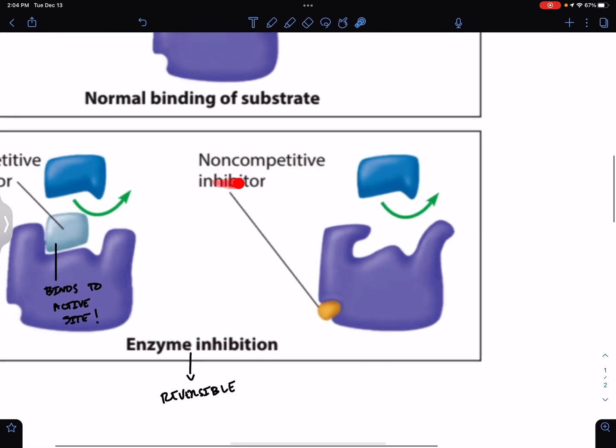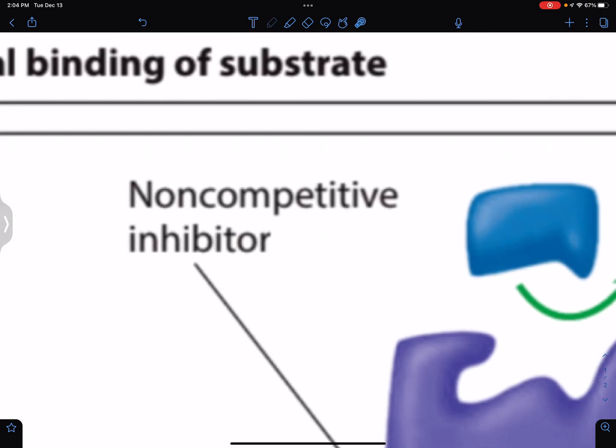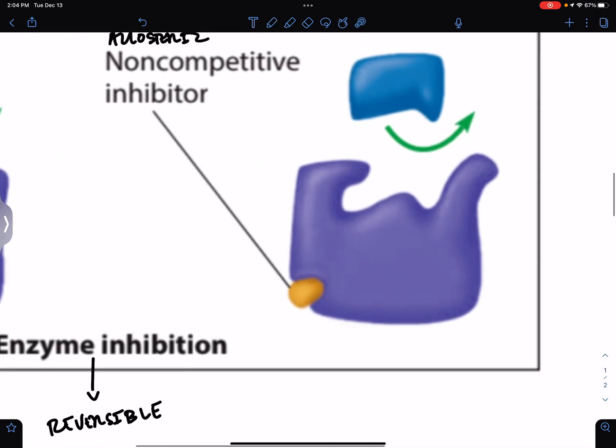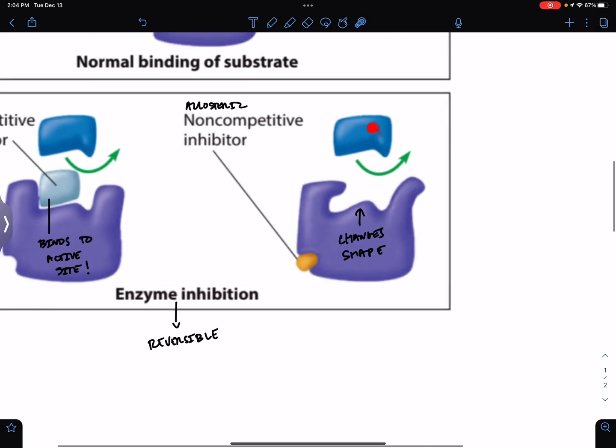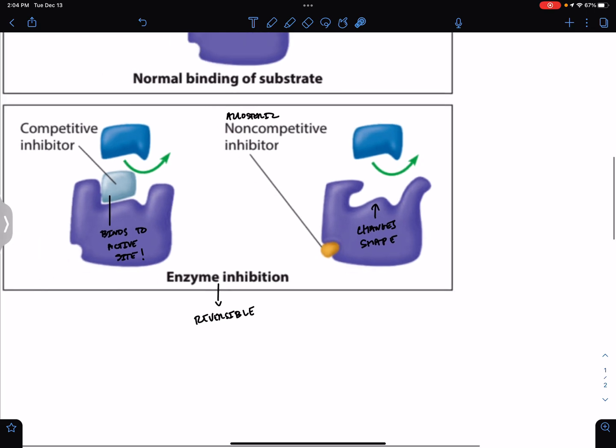A non-competitive inhibitor, also sometimes called an allosteric inhibitor, binds to a site far away from the active site. But in binding, it changes the shape of the active site such that the substrate no longer fits. So this is a non-competitive or allosteric inhibitor.